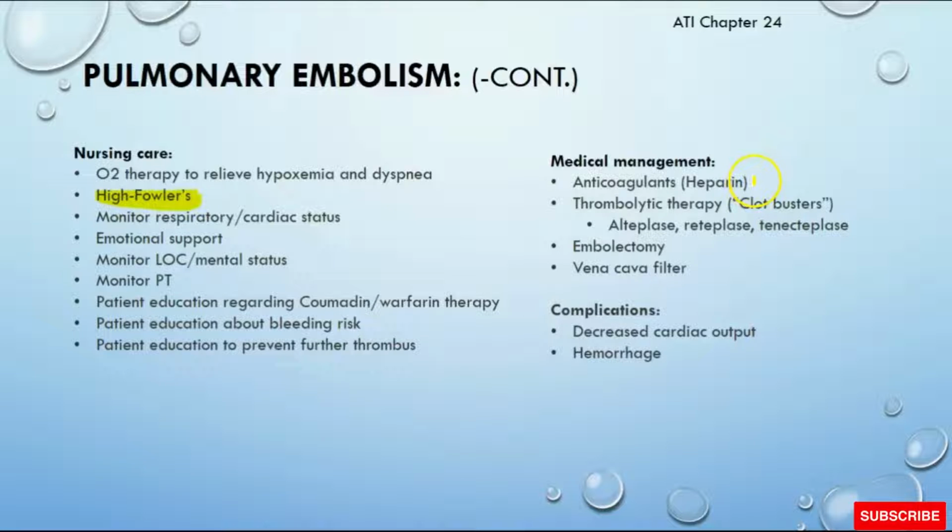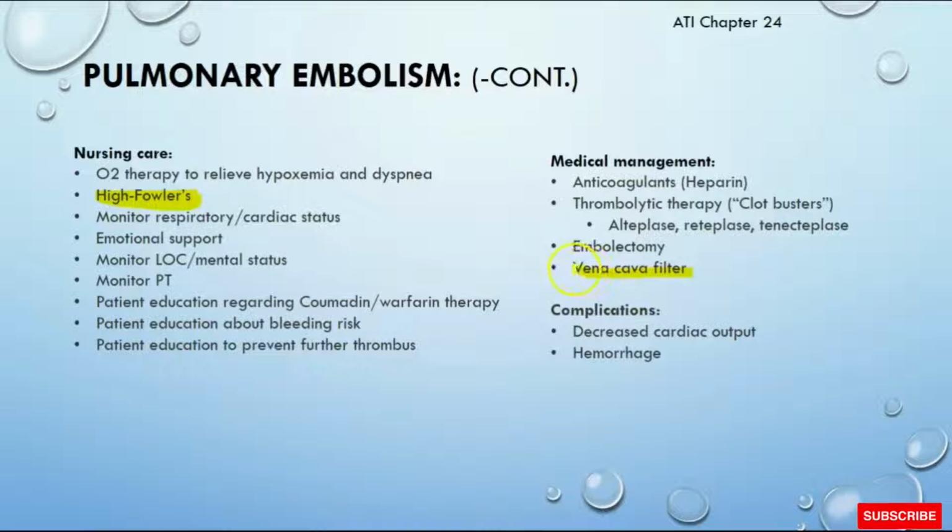Management: anticoagulants. Anticoagulants do not break up an existing clot. If they do use something, that would be thrombolytic therapy, or the clot busters like Alteplase, Reteplase, and Tenecteplase. They may have an embolectomy done.